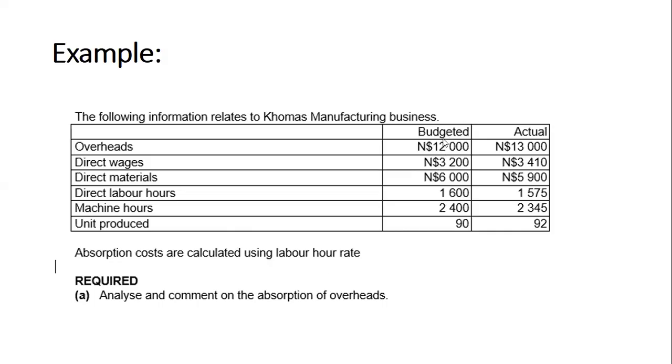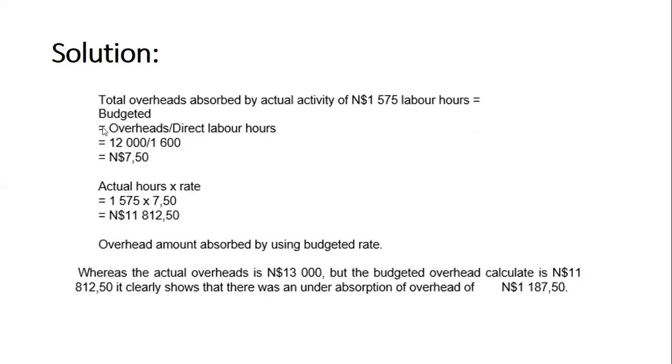We always take the budgeted, okay? We don't take the actual, we always take the budgeted. We take the budgeted overheads and divide it by the labor hours, which is 1.6. And you're going to get $7.50 per labor hour.